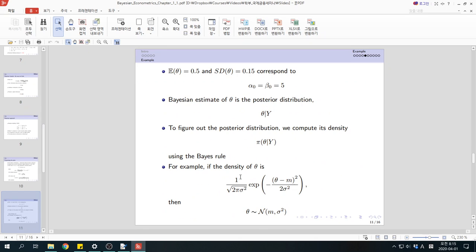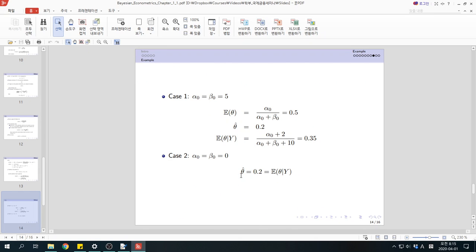So again here, according to the data, theta is 0.2. And according to our prior information means that we don't use any data. We use the information before y is observed. So according to our prior information, it's 0.5. And once we observe the data, now my best guess is 0.35.